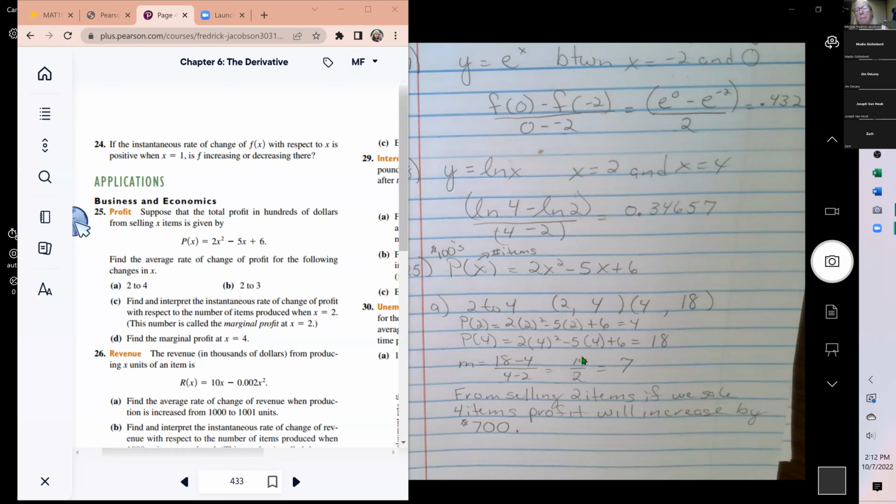I'm confused. Would it not be like $700 per item? Because it's slope, so it's like 700/1. Yeah, we did divide.